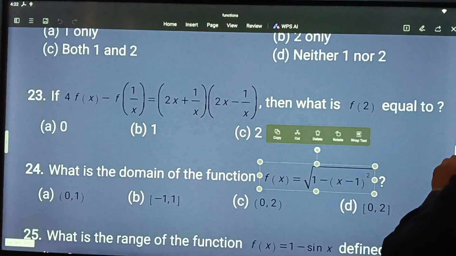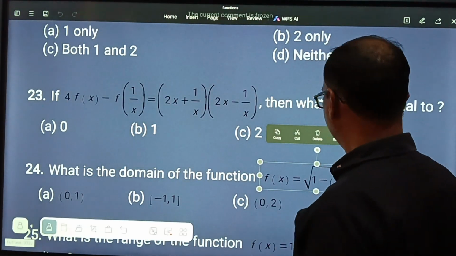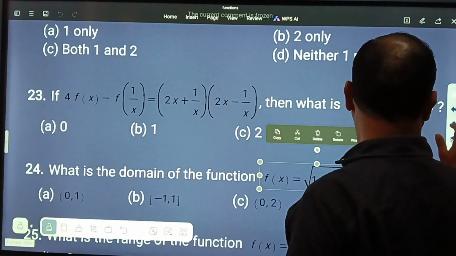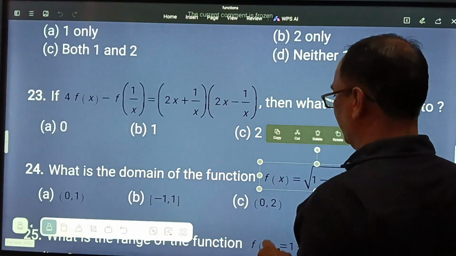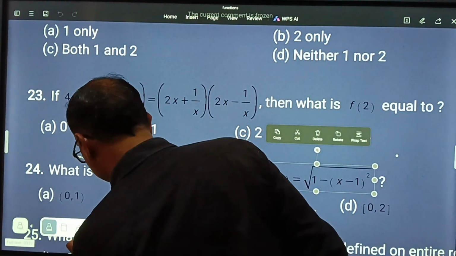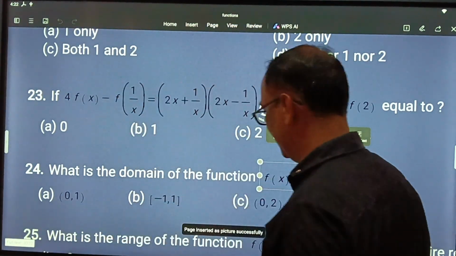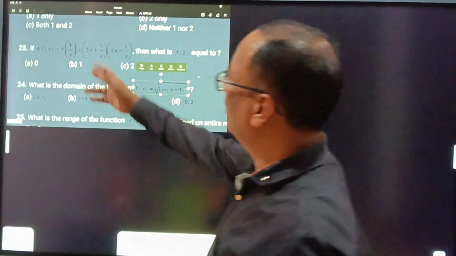So how to take this one? This is the question 23rd.